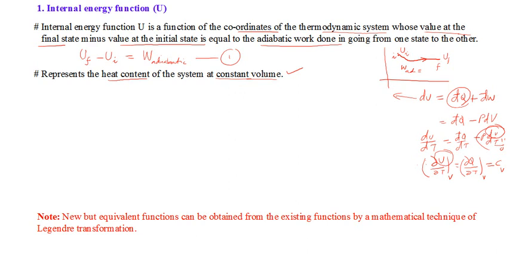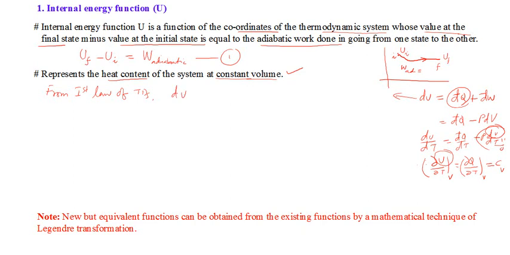Equation 1 is the defining equation of internal energy. Let me use the first law of thermodynamics again. From the first law, you have du equal to d bar q minus p dv.